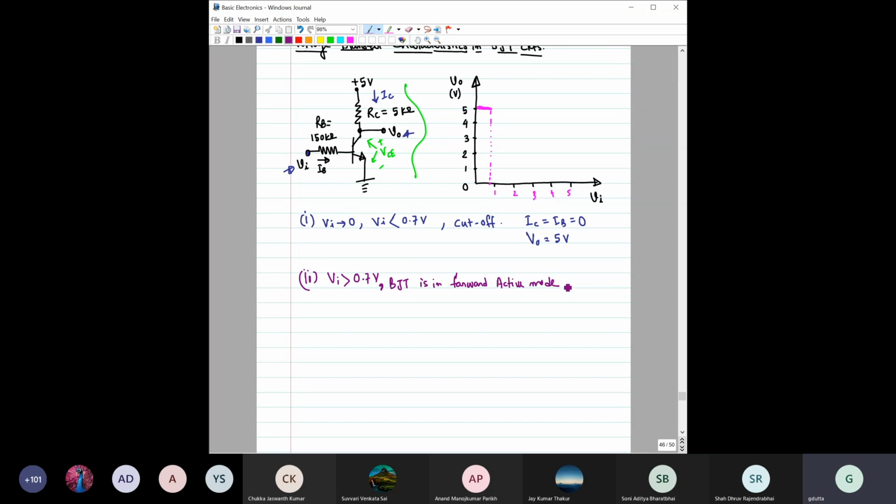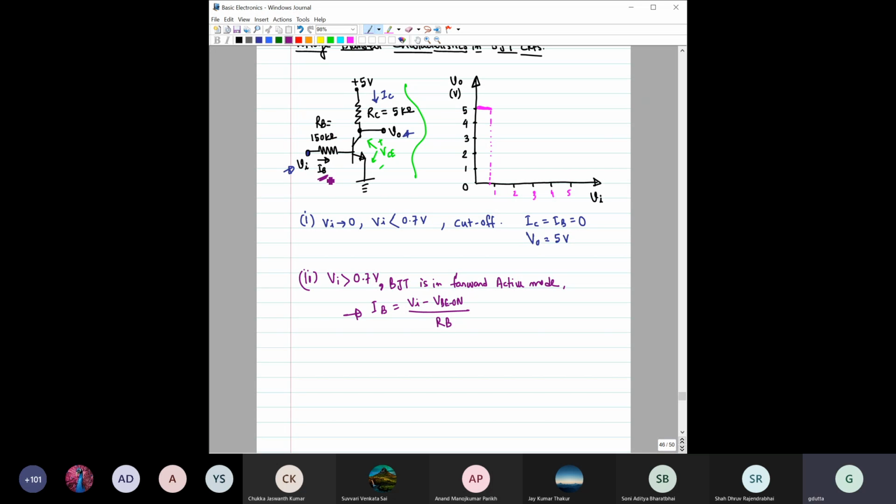If this BJT is in forward active mode, then what will happen to its IC? Before I go to IC, what will happen to its IB? IB would be equal to VI minus VBE on by RB. Is this equation fine?